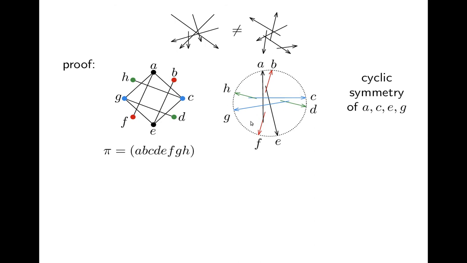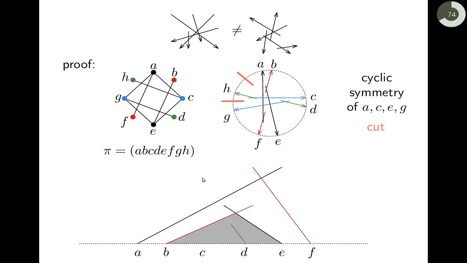So when I look at some order on a line, then up to symmetry, without loss of generality, I cut this circle open either here or there. But in both cases, A, B, C, D, E, F have to be in order on the line. So we draw A, B, C, D, E, F in this order on the line.